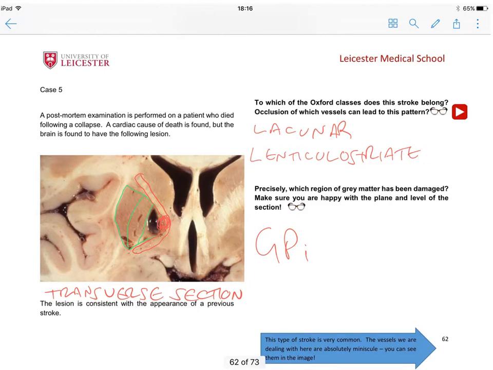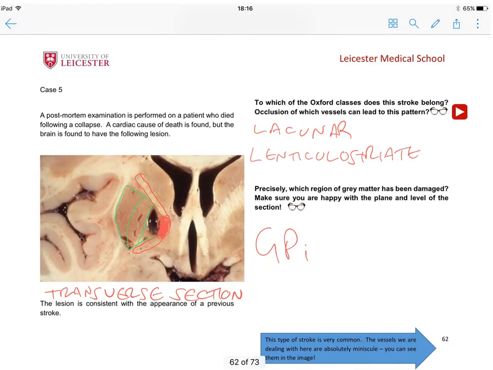And the genu is the place where we have upper motor neurons that supply the face. So in this case, since we have a lesion of the right genu of the internal capsule, this would lead to a left-sided facial weakness with forehead sparing. And it may well be the case that the lesion has extended a little into the posterior limb as well, and that could lead to weakness in the left upper limb.